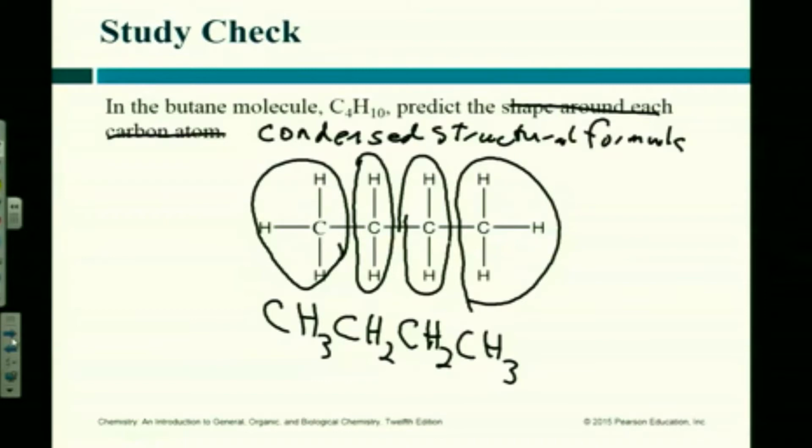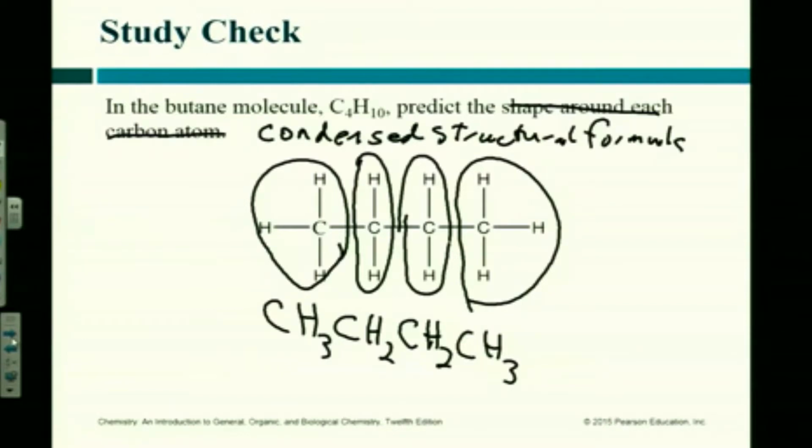I have a question. Go ahead. In terms of comparing the condensed structural formula with the molecular formula, how do you tell the difference from looking at them? We're going to talk about isomers in a few minutes, and different shapes and different structures you can get from the molecular formula.